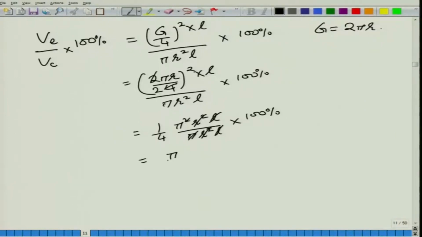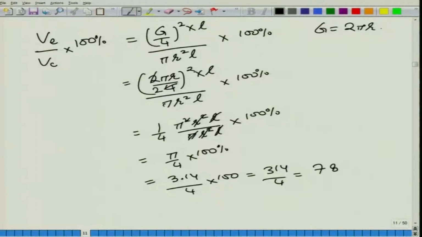So, this value is π/4 into 100%. Now, π is 3.14, so 314 by 4, approximately 78.5%.